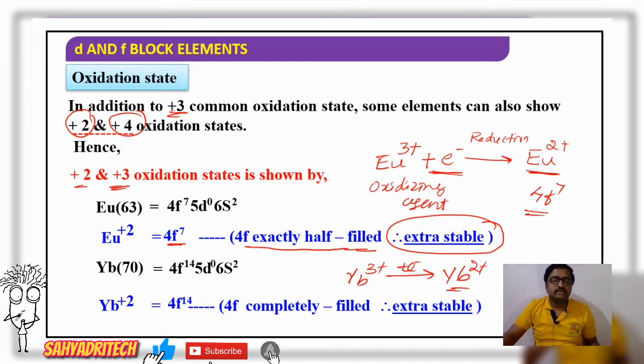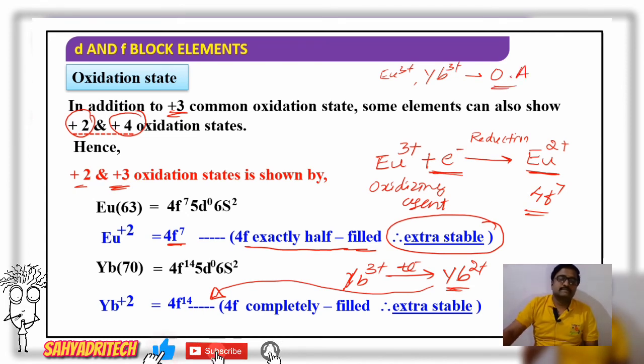Ytterbium 3 plus by accepting an electron reduces to +2 oxidation state, and in +2 oxidation state it is going to have a completely filled configuration, which will be more stable. Therefore europium 3 plus and ytterbium 3 plus act as good oxidizing agents. Please remember europium 3 plus and ytterbium 3 plus act as good oxidizing agents.